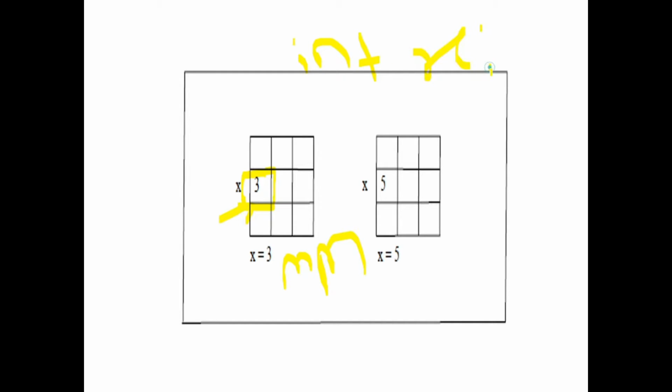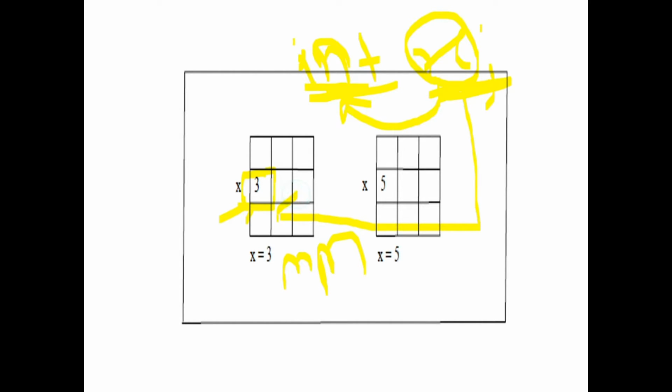Here x is called a variable because it is used for storing some values which are of type integer. This line is called a declaration. Here x is a name which in future will store some integer value, and for this name we also have some memory allocated in the main memory. So this is generally the variable.